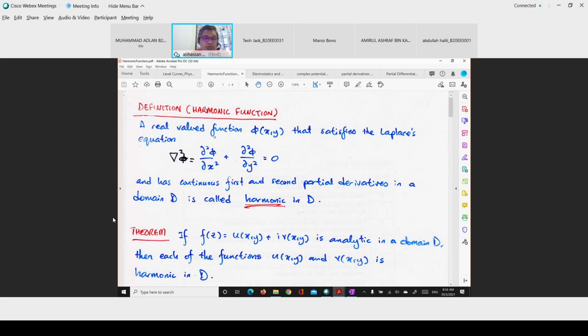See, this is in the form of second partials, and phi of x and y is a function of two variables. It has continuous first and second partial derivatives in domain D. Such a function is called a harmonic function.